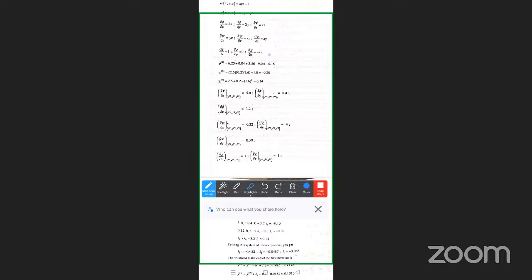So next, 0.32 into H1 plus 4 into K1 plus 0.5 into L2 is equal to, so these values are RHS: minus 0.15, minus 0.20, 0.14. So similarly, the third equation also. Here, 1 into H1 plus 1 into K1 minus 3.2 into L1 is 0.14. Solving these three equations, we are getting H1, K1, L1.